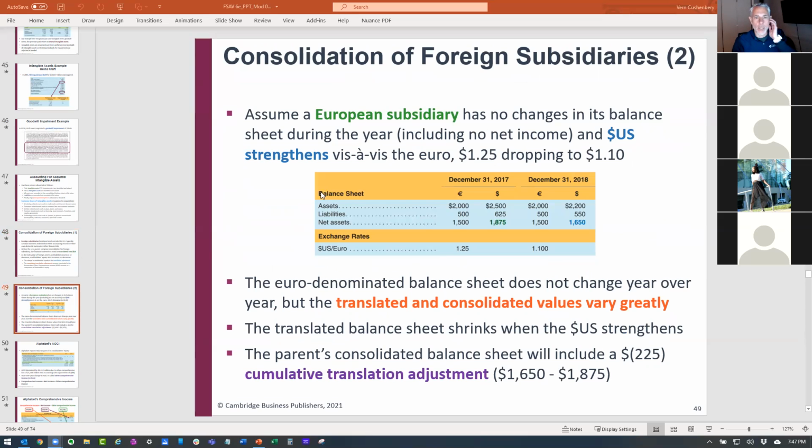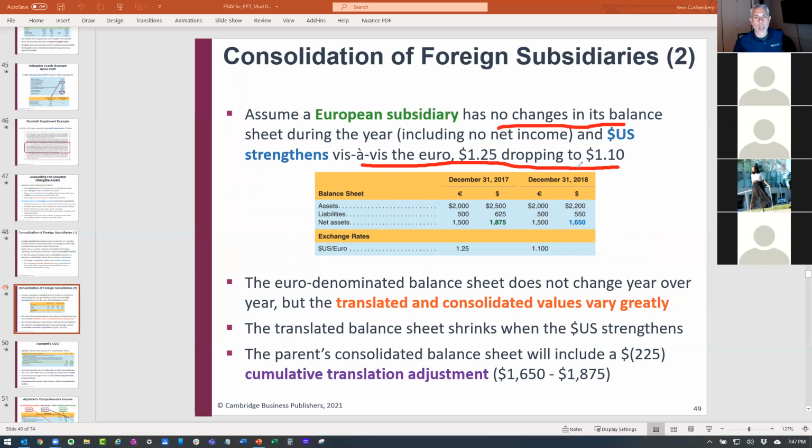So let's look at an example of how you might see that reported. Let's assume a European subsidiary has no changes in its balance sheet during the year, and the euro drops from $1.25 to $1.10.